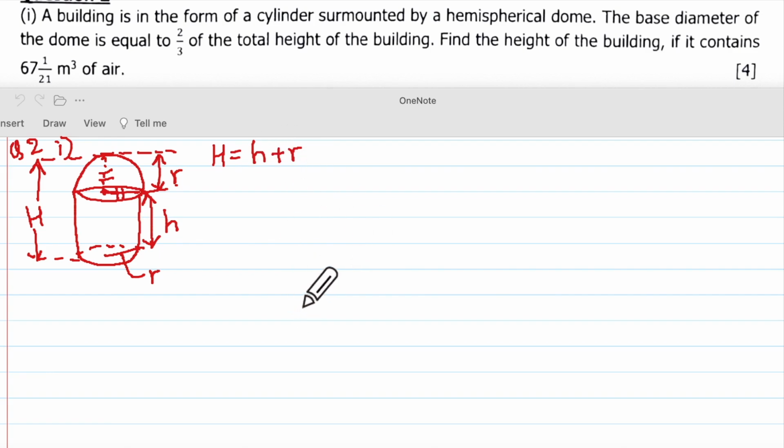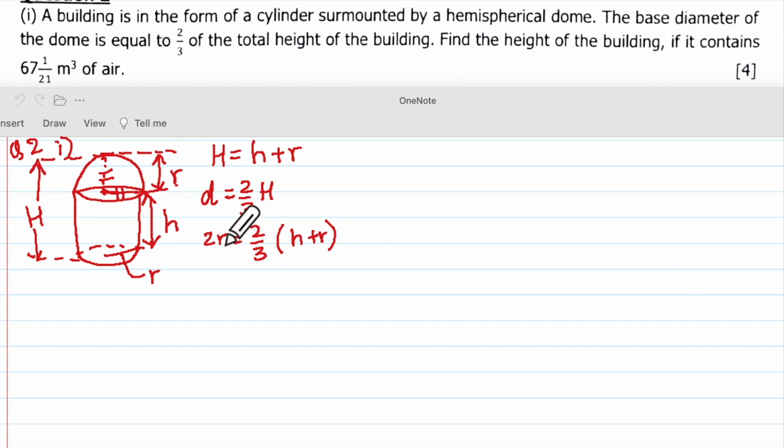Okay. Now they are saying that the diameter is 2/3 of what? The total height. Correct? So diameter means 2r is equal to 2/3 into bracket H plus r.